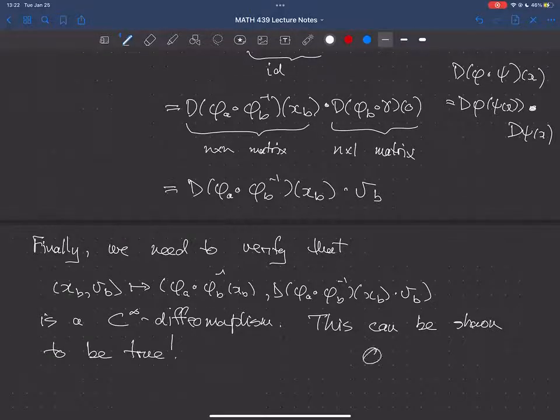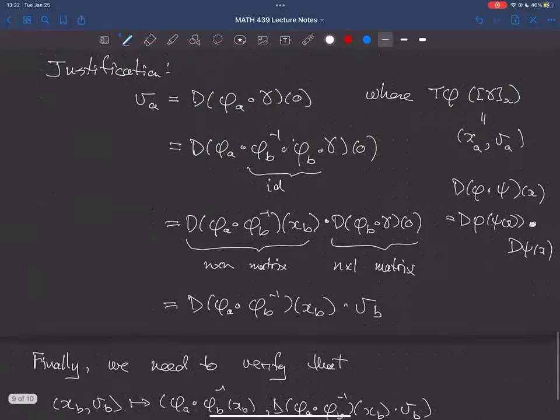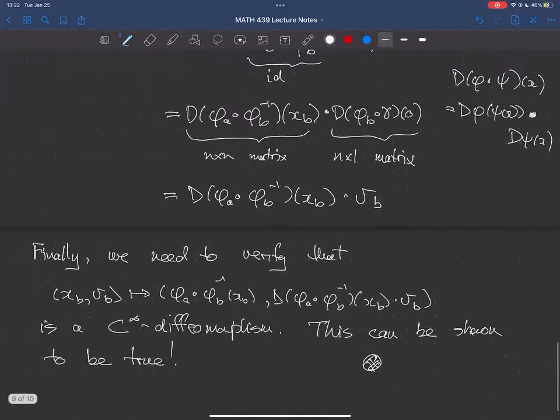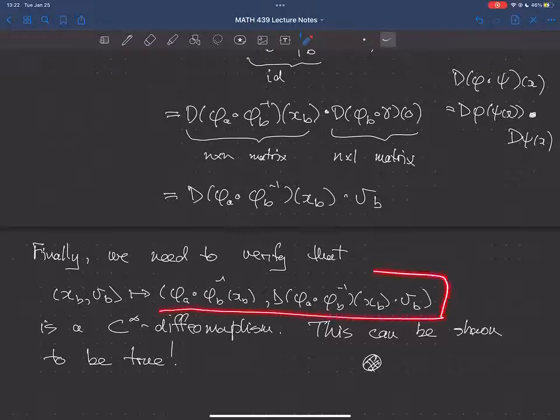Okay, and that finishes the fact that the tangent bundle of a manifold is a manifold, and I have an explicit atlas for it. So this isn't just all sort of hyperbole. We're actually going to be using this formula a lot to talk about things that have physical meaning.